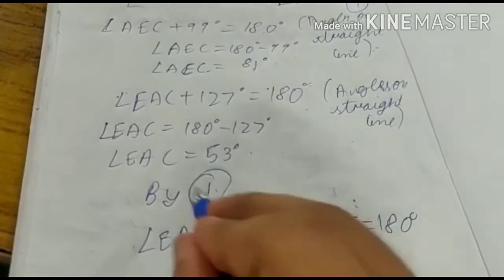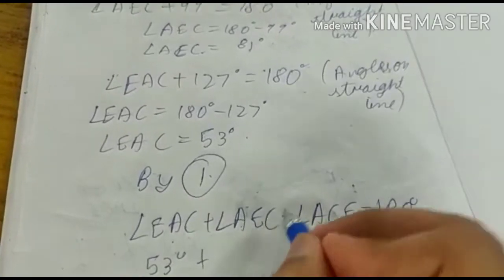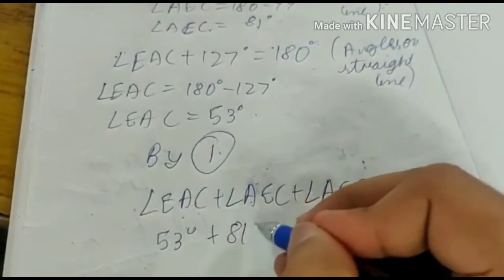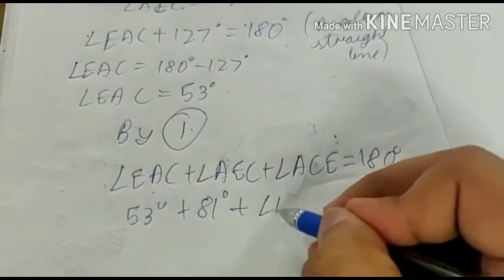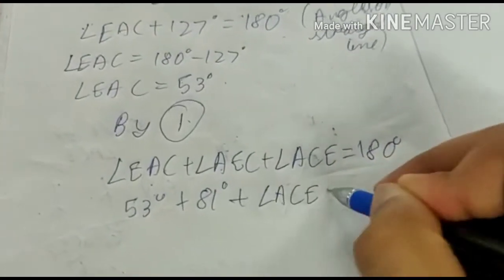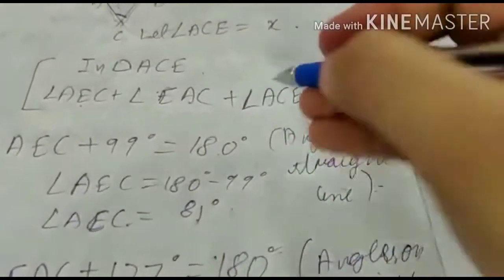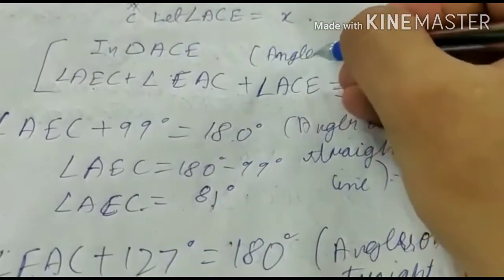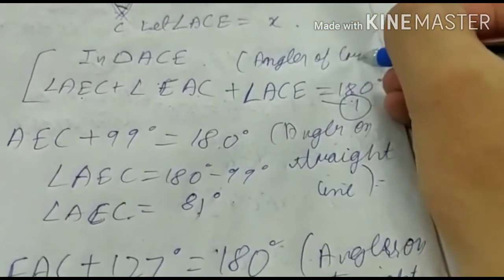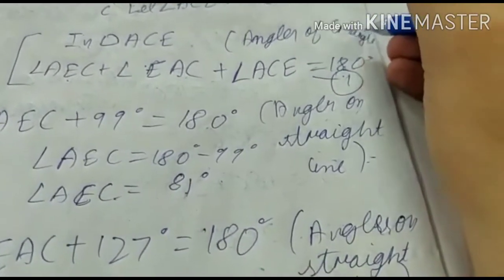Here EAC is equal to 53 degrees, AEC is 81 degrees, plus ACE, which we need to find, equals 180 degrees. How? Angles of a triangle. You need to give a reason for everything. Angles inside a triangle give a sum of 180 degrees.